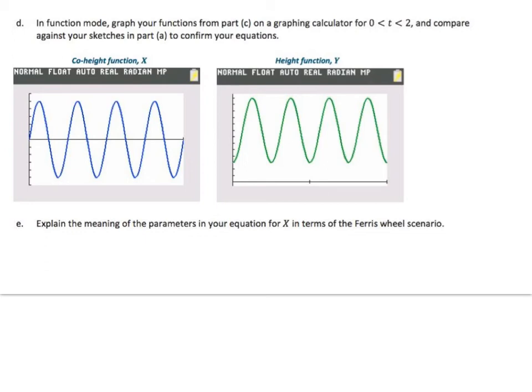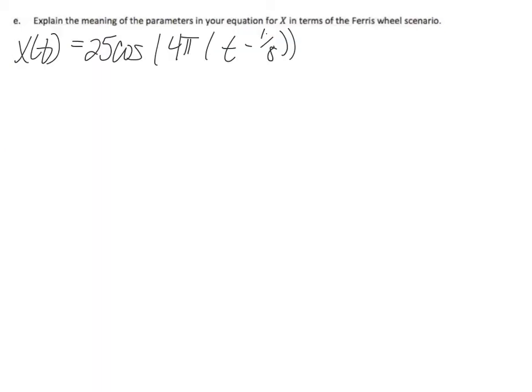Explain the meaning of the parameters in your equation for x in terms of the Ferris wheel scenario. I'm actually going to start a new slide for this one, so hold on a second. Alright, for the co-height function, I wrote the equation here. You should have it in your notes already. Our amplitude is 25, our omega is 4 pi, h is positive 1/8, and k is 0.